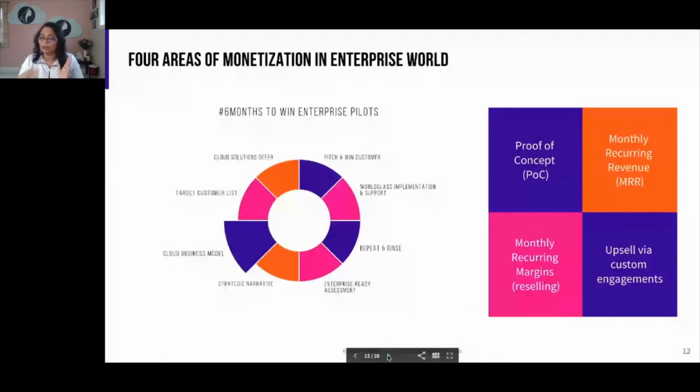In your contract, you need to be very clear what that monthly recurring revenue looks like. Third idea is upselling via custom engagement. That could be consulting or different kinds of projects that can help you upsell. And the last one, if you're reselling Google, Azure, or Amazon, is the margins that you can make. So those are your 4 areas of monetization as you think about selling your solution.